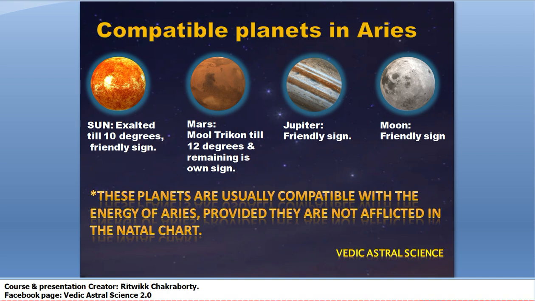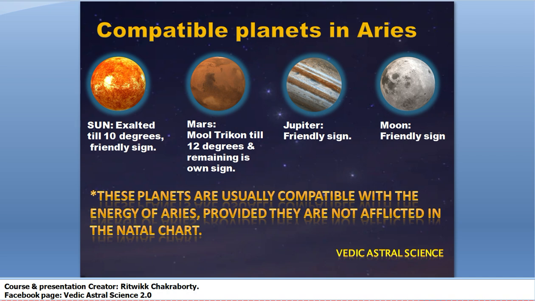The point to be noted here is all these planets are usually compatible or generally compatible with the energies of Aries, provided they are not afflicted in the natal chart by any means.